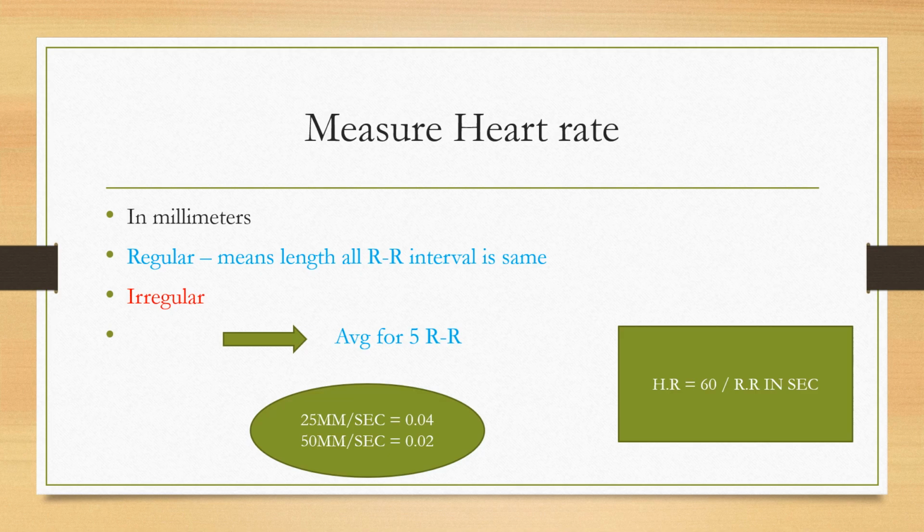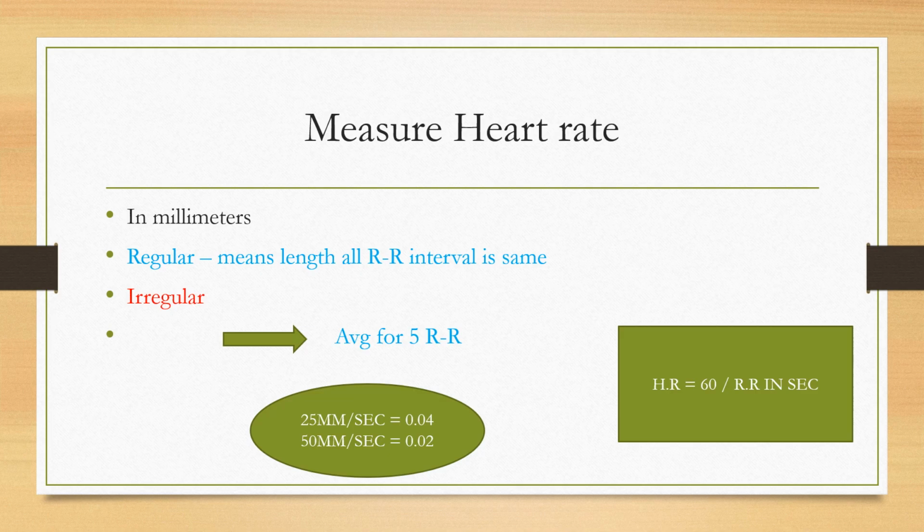Mainly, 90% of ECGs are recorded at a speed of 25 mm per second. So if it is at 25 mm per second, you must multiply the average RR interval by 0.04 and your RR interval will be in seconds. If our ECG is recorded at 50 millimeters per second, then we must multiply by 0.02 second.